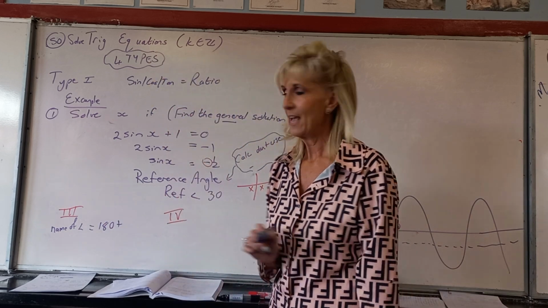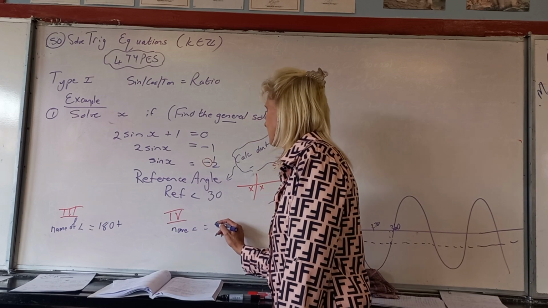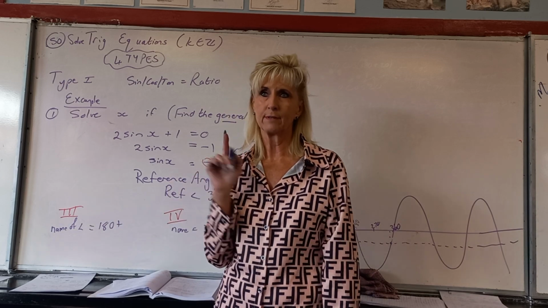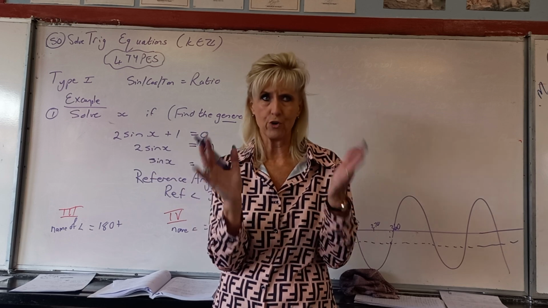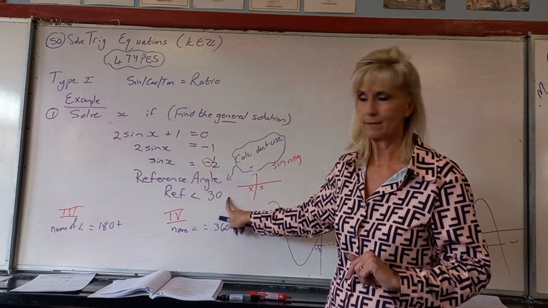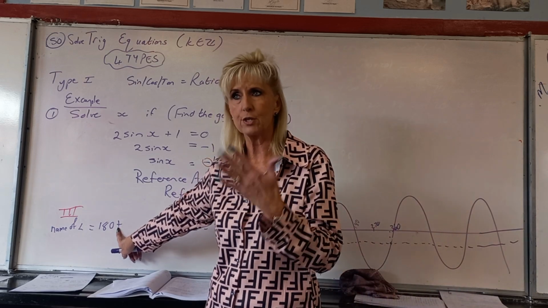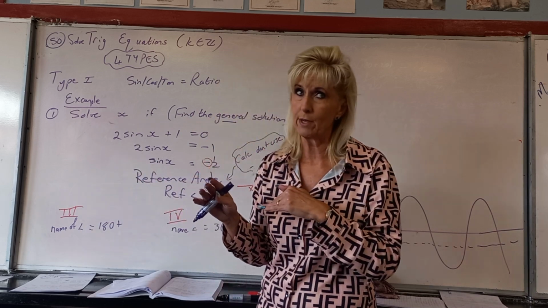And in quadrant number 4, you're also still going to have the name of the angle, 360 minus. And if it's quadrant 2, 180 minus. In quadrant 1, it is just the acute angle that you've got. So 180 minus, 180 plus, 360 minus. Quadrant 1, it is just the acute angle. Okay, you're going to have to do a few of them, do you agree?